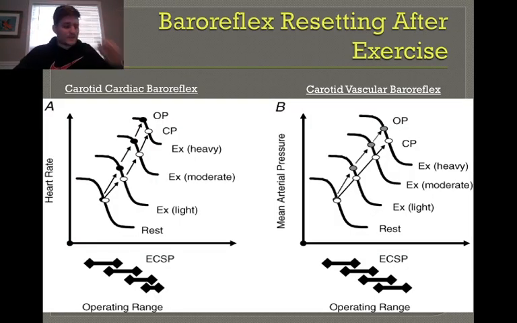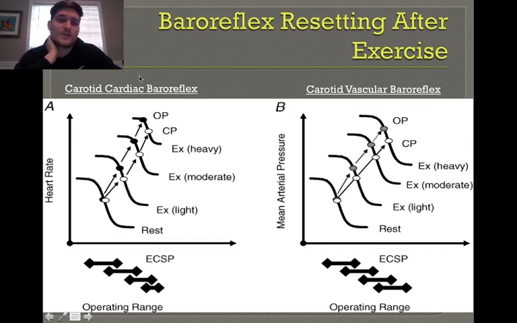And so that brings us now to here, where we're seeing the resetting of the baroreflex during physical activity. And these two graphs break it down separately. This is from Dr. Raven's work here. I will post that to our iCollege, that study there that shows the figure in the description. But here we see two separate responses. The carotid cardiac baroreflex and then the carotid vascular baroreflex.